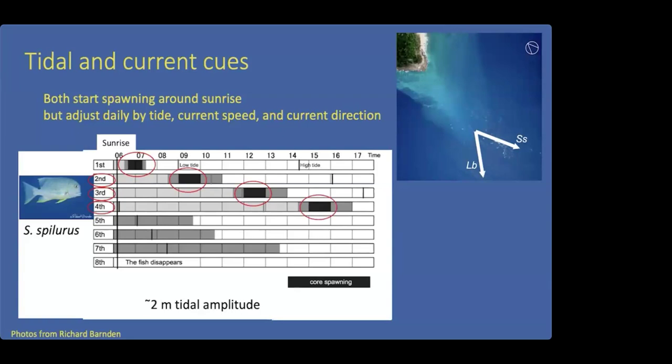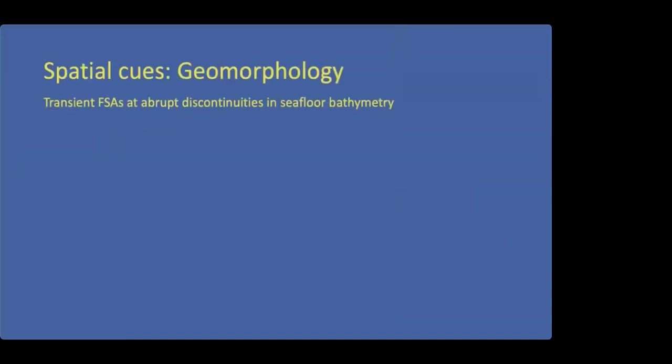It's timed to correspond with the tidal current and tidal direction. So each day of spawning, though it occurs at different times, the spawning occurs when the currents flow towards the southeast or offshore, directly offshore. The pattern is different for the other species, but we're not going to get into that at this point.